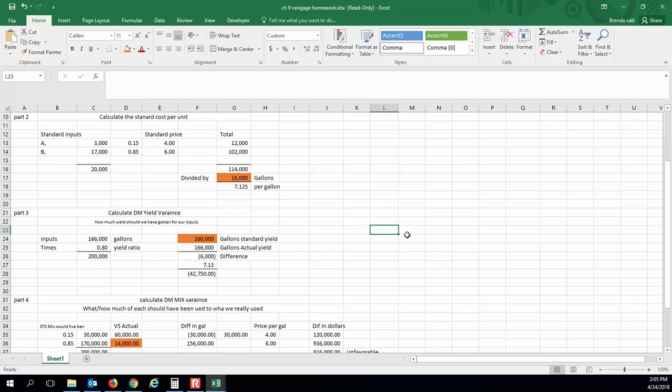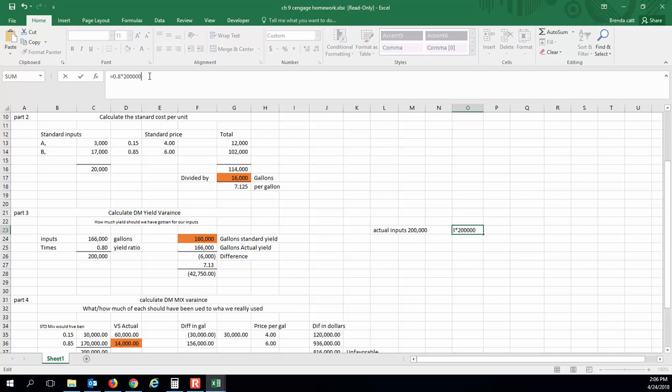Let's just back up a step here. Our actual inputs are 200,000. Therefore, if we get 80% of it out, is what we normally yield 80%. So, and that's too many zeros, and that's still too many zeros. So our expected yield would have been 160. So I put that here. That would have been our expected standard yield.